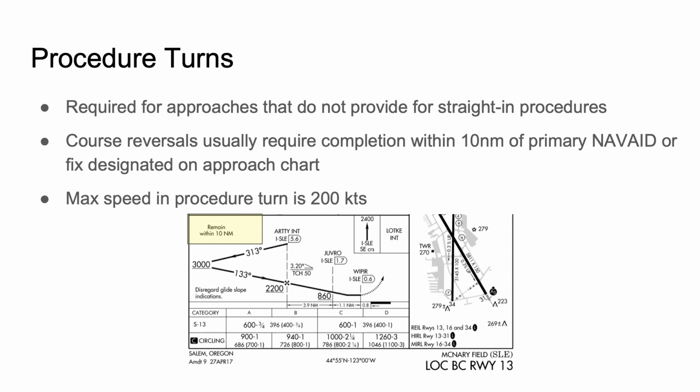Procedure turns are used to reverse the course or realign you with the final approach course. The standard procedure turn keeps you within 10 nautical miles of the primary nav aid or a fix on the approach chart. Max speed for the procedure is 200 knots.